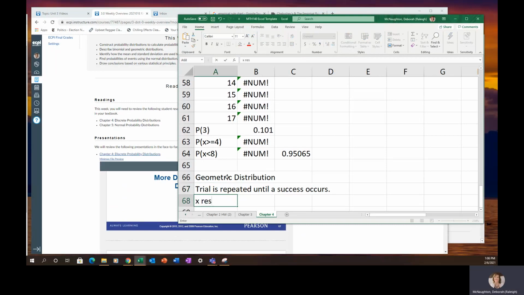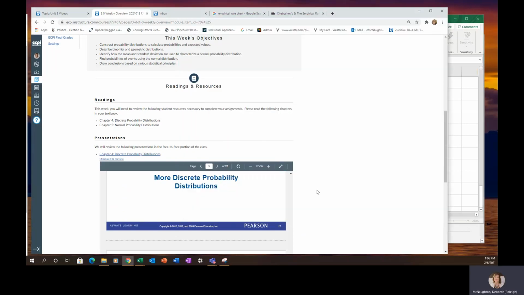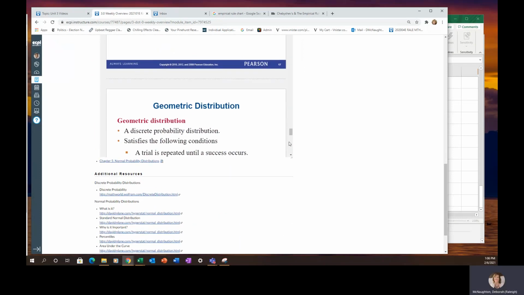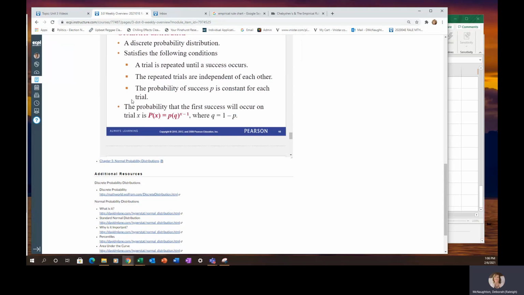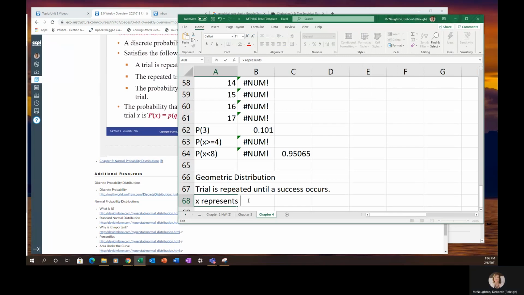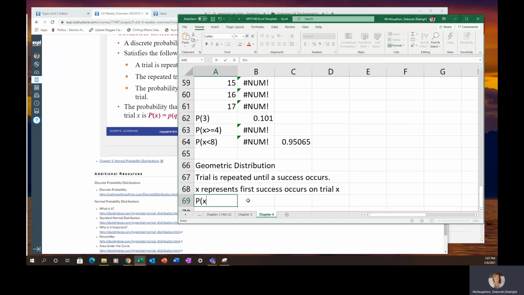X represents, here, I'm going to use their wording, X represents the first success occurs on trial X. And then the probability that the first success occurs on trial X is P times Q raised to the X minus 1.